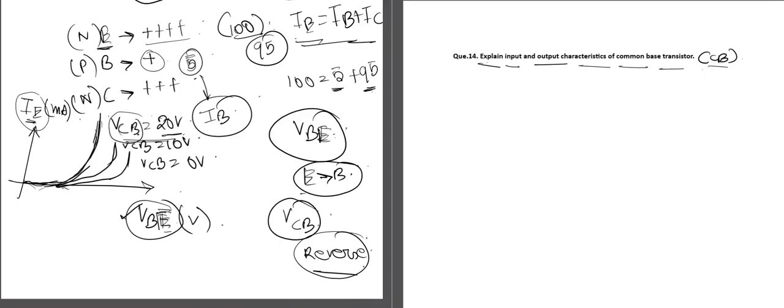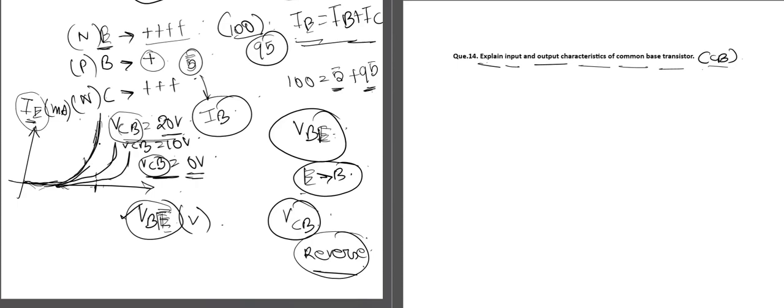As we can see, when the value of V_CB is equal to 0 volt, at this particular point the value of current is minimum. As the voltage is increased, the value of current is increasing, and at 20 volt the current is highest. Why does this happen?